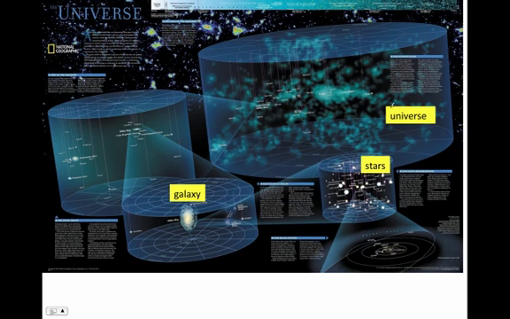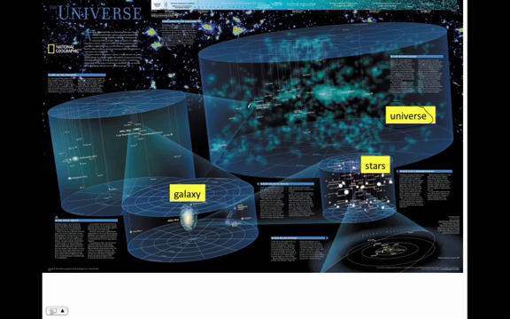Let's start really big. This huge image is trying to show you what we know so far about our universe, and it's called a supercluster, made up of many galaxies.